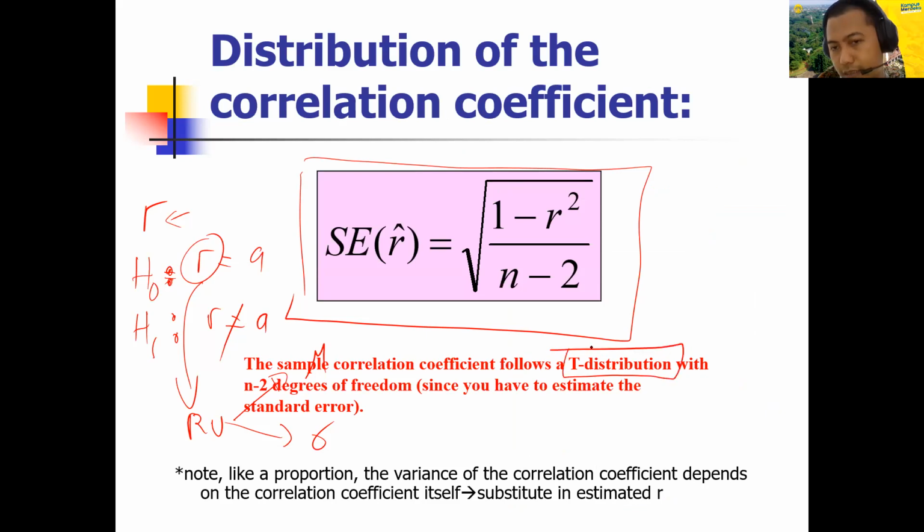You remember that the t-distribution can be used if the number of data is less than 30, and the standard deviation of the population is not available.